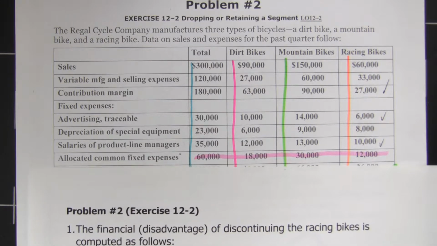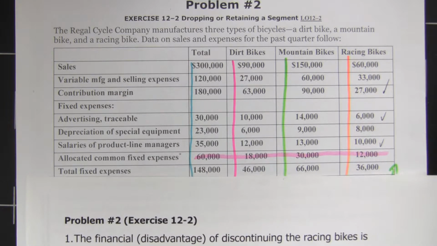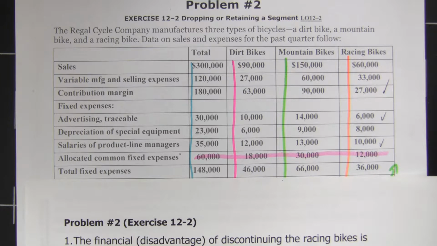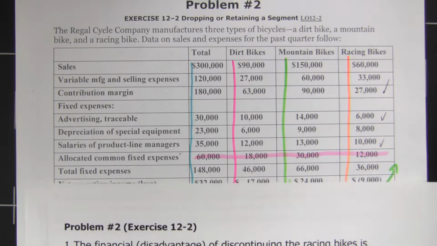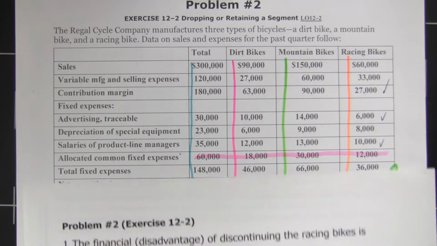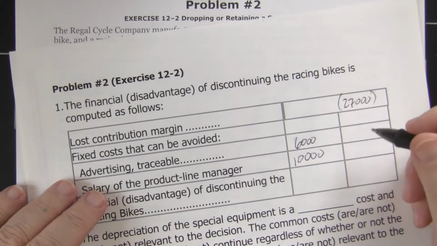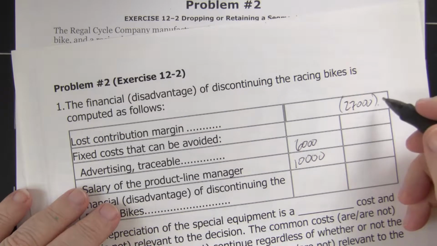And what else? The allocated expenses we said we're going to get away with. The total fixed expenses that we can attach or trace directly to them, it's $36,000. They're not going to go away. So we're going to be giving up $27,000.